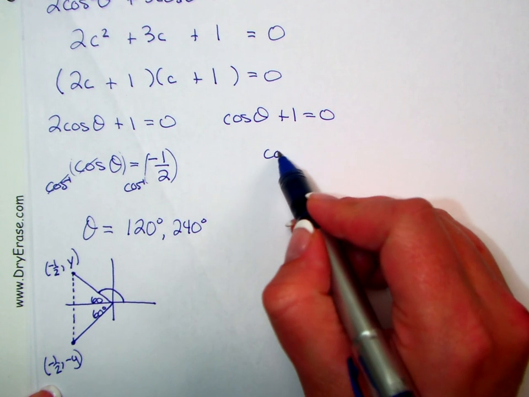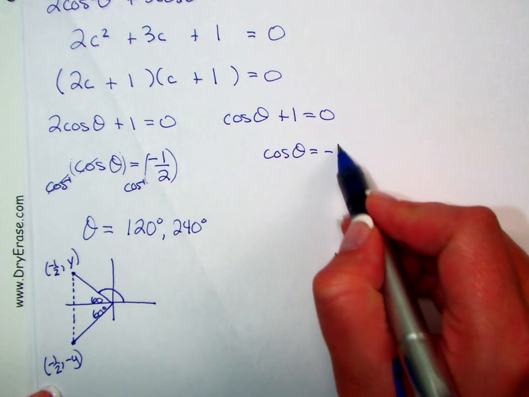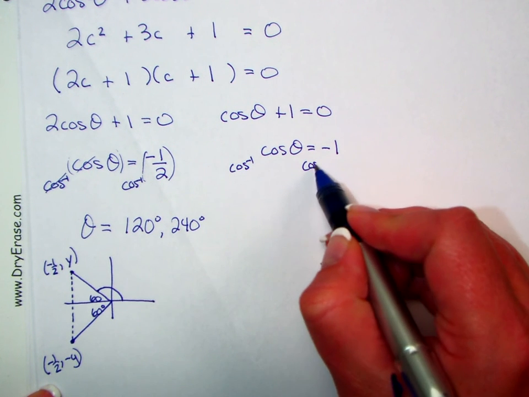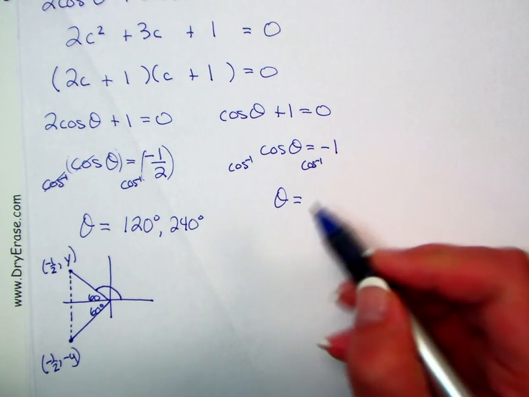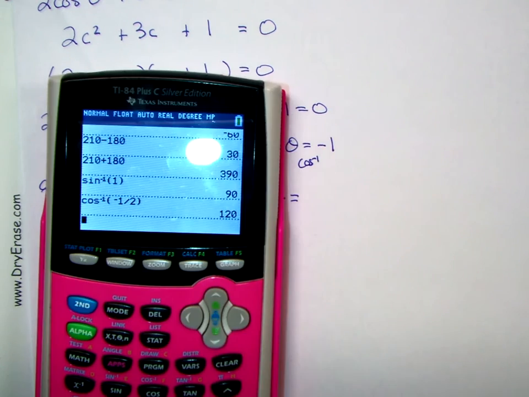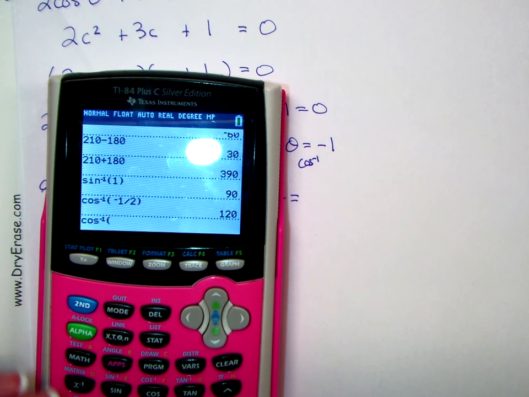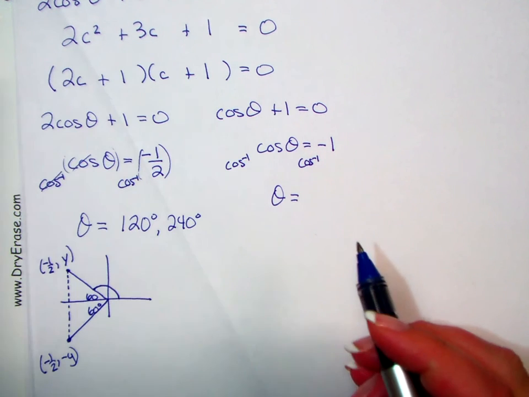Going over here, cosine theta equals negative 1. If I cosine inverse this, okay, cosine inverse of negative 1, excuse me, where is cosine equal to negative 1? Okay, you should know this, but the calculator knows it too. All right, we get 180.